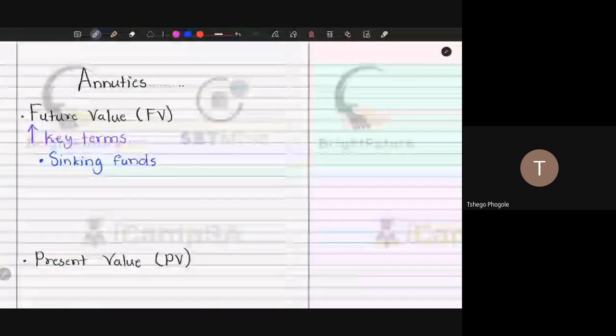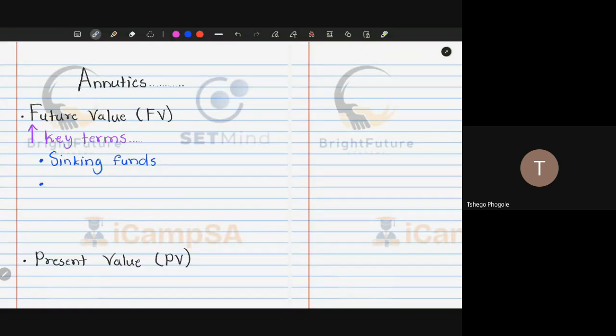And then when you see investment, and they mention regular deposits, once you see them saying we are depositing now and then, and there's the term investment, what should our brain tell us? Future value.